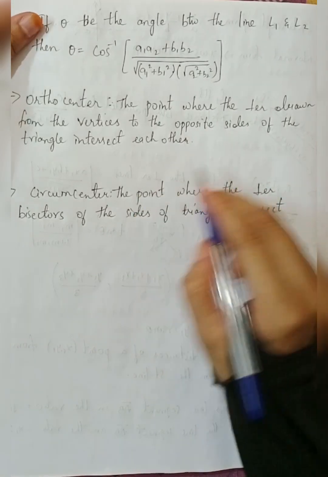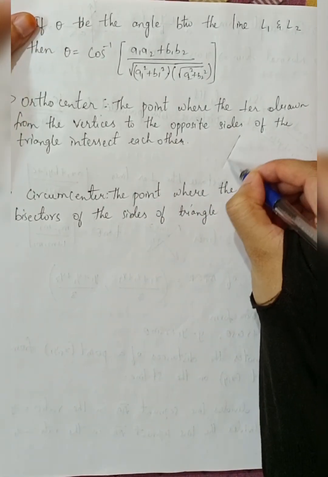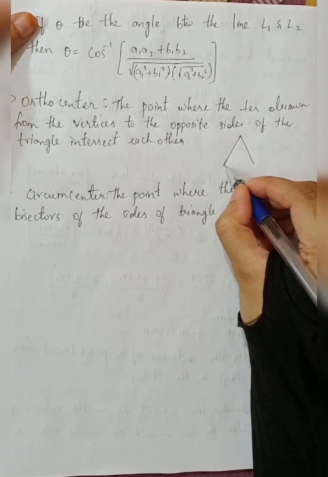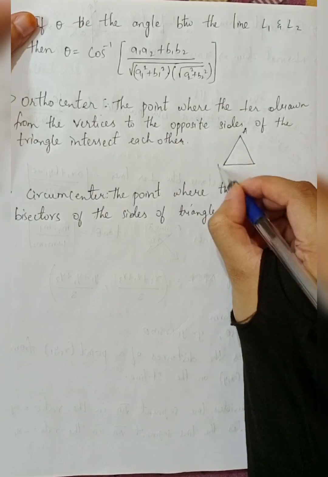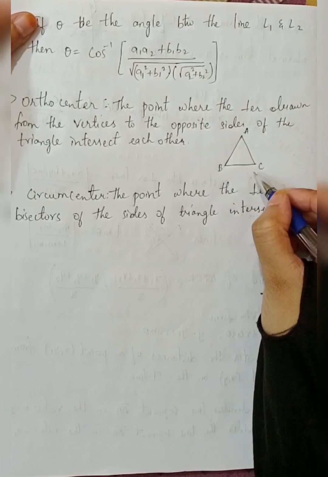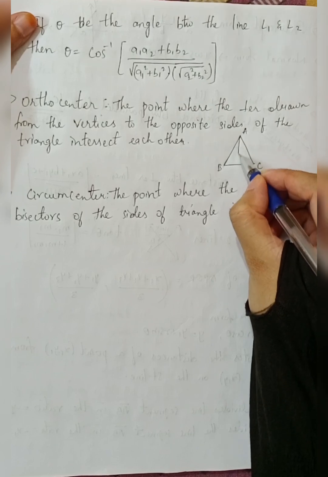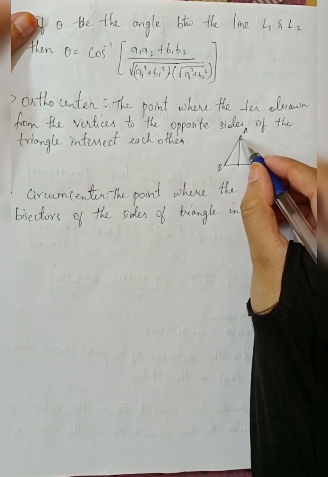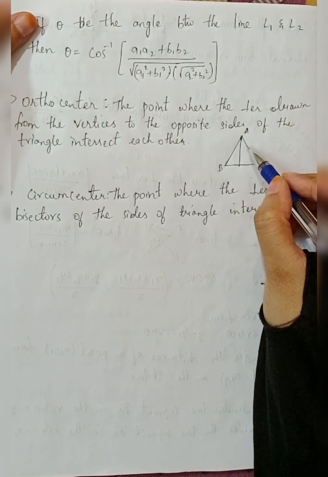So what is orthocenter? Consider we have a triangle ABC, and we can draw the altitude, the height of the triangle, from the vertex. Here there are three vertices, right?